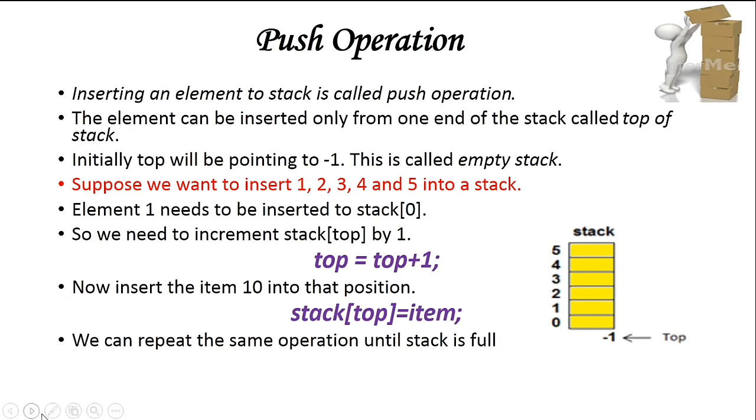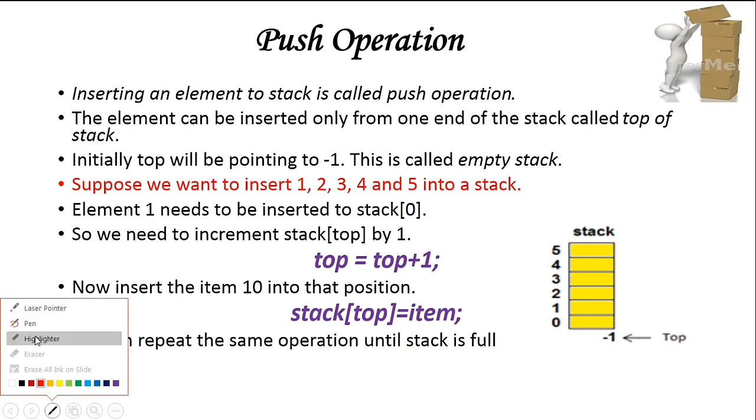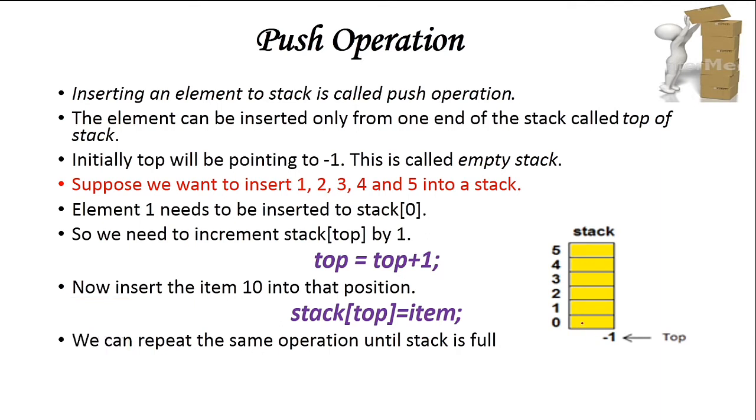So how can I insert the elements? Now initially my top is pointing to -1. Now I want to insert the element into the 0th position. How can I do that? Suppose these are the elements I have: 1, 2, 3, 4, 5. I want to insert 1, 2, 3, 4, 5 into my stack.